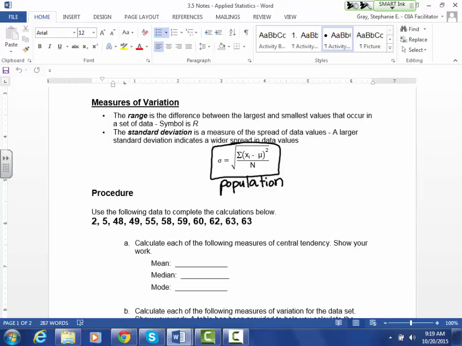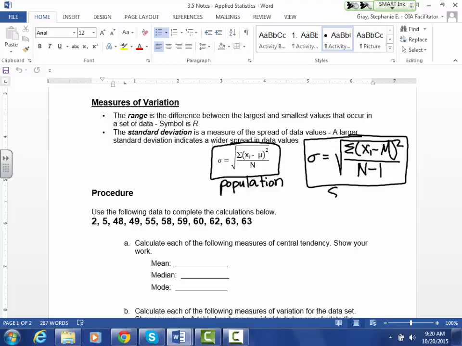It's not much different, but there is a different formula for a sample. So here's the formula for a sample. So that one's for the sample. Okay, so get that down.